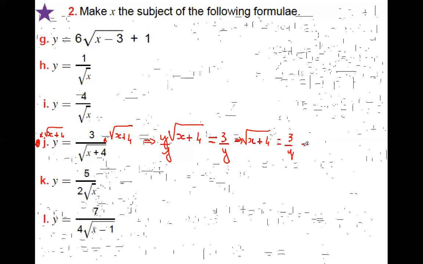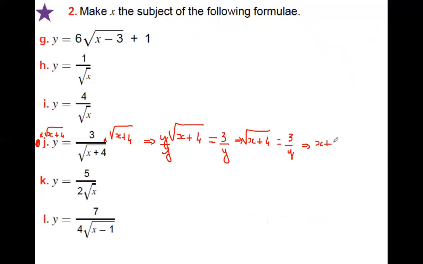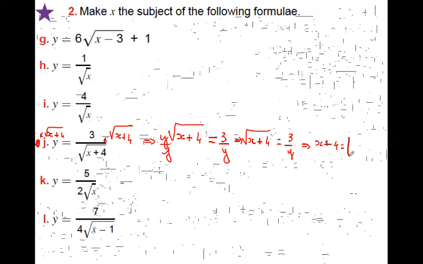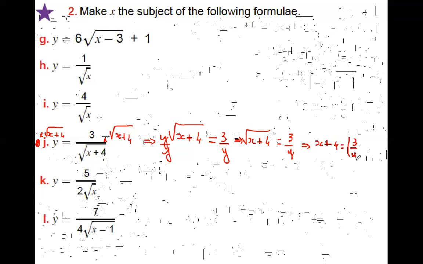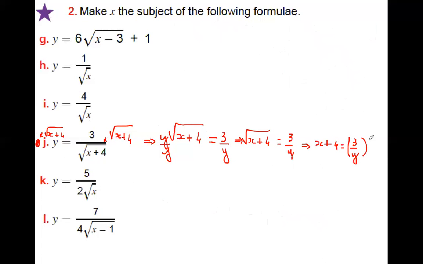Then that means x plus 4 equal 3 over y with brackets square. So it doesn't matter, the letter could be in the denominator. And now take away 4 on each side. I will get rid of that 4, but you need to take away 4 as well there. And that's you. x is 3 over y squared minus 4.